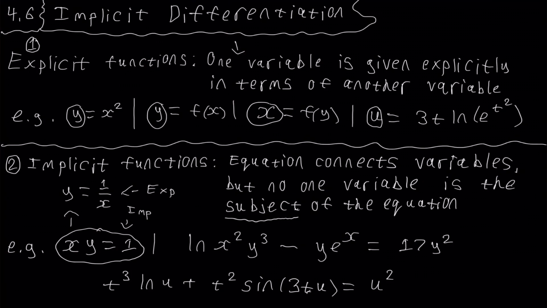And that's something that you could do, of course. You could also use that to differentiate these types of functions. But in a lot of cases, the algebra required to rearrange an implicit function to be an explicit function, and then differentiating that, would take so long that it's not actually really worth it. And it's better to just differentiate them as is to start off with.